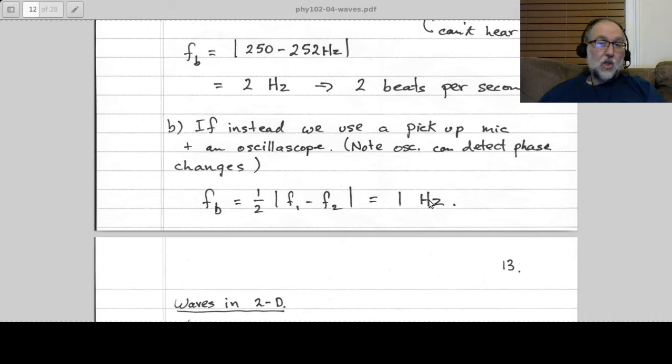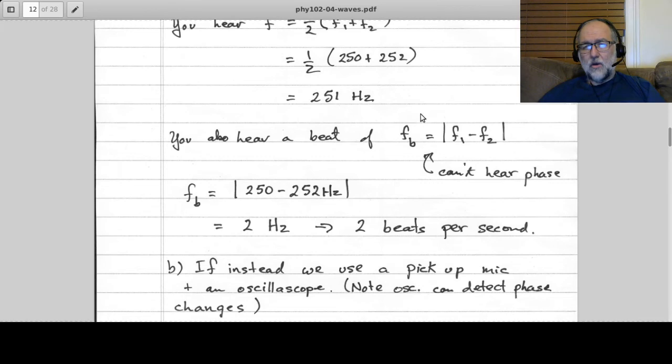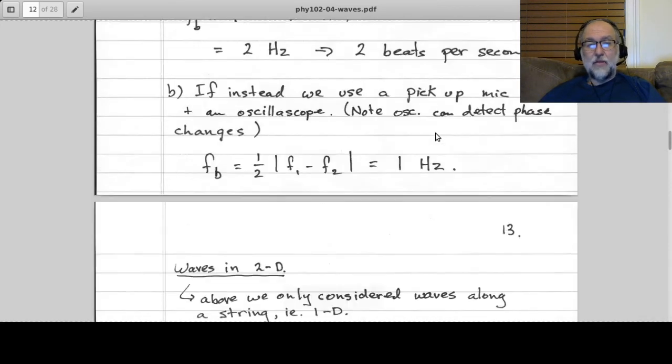Okay, it'd be slower because it needs 2 cycles of loud soft before it actually repeats the beat pattern. So just a subtle difference, but again, remember that this is how you calculate it for the human ear. And if you had an instrument and you set the instrument to give you the frequency, it would actually give you that.